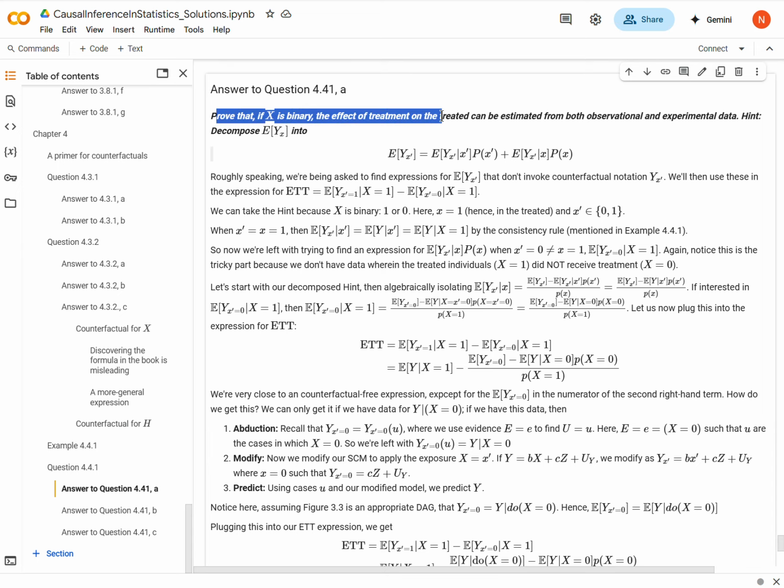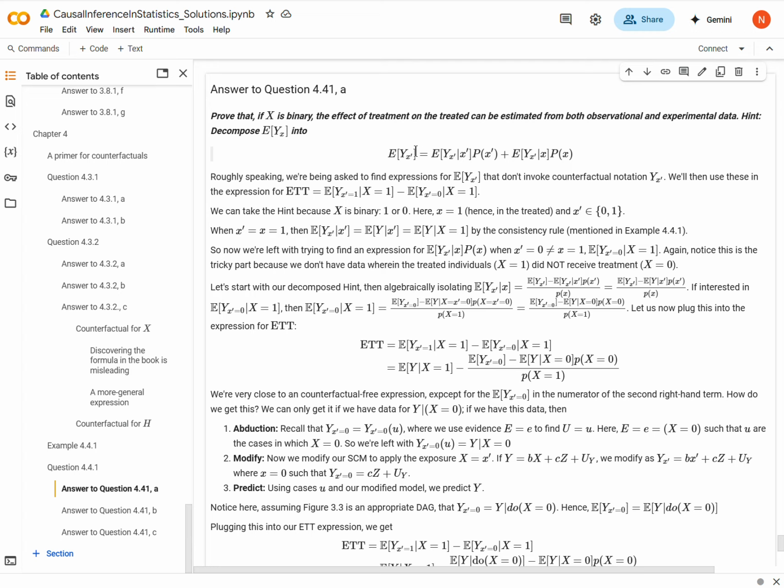So what this question is trying to get us to do is to find an expression for the ETT that does not invoke these counterfactual terms here. All right. And it gives us the hint of decomposing this into this. So let's start there. First of all, why can we decompose this into these two terms here?